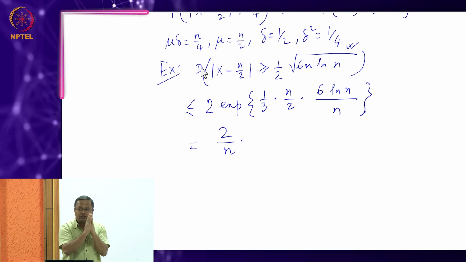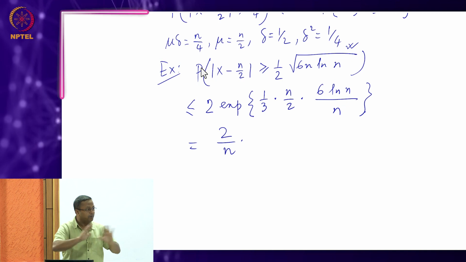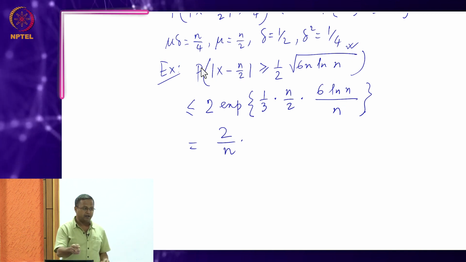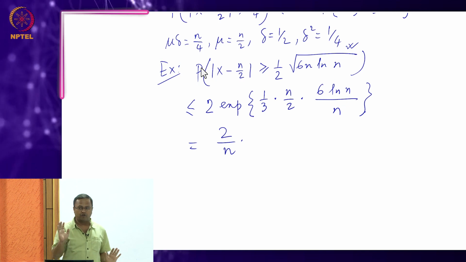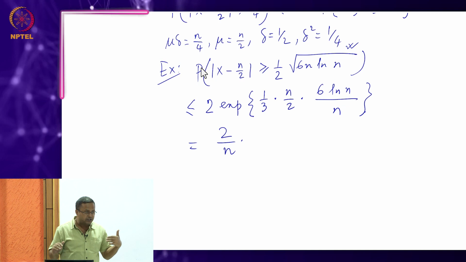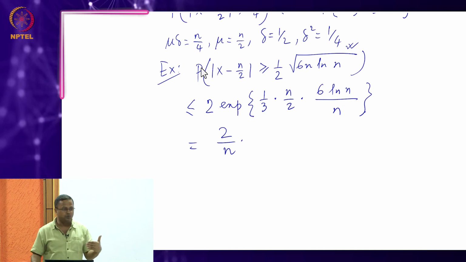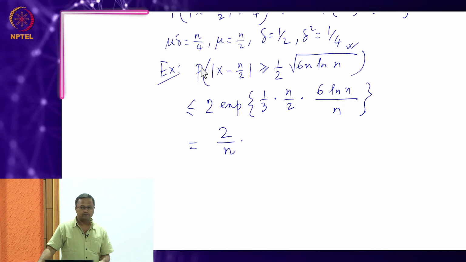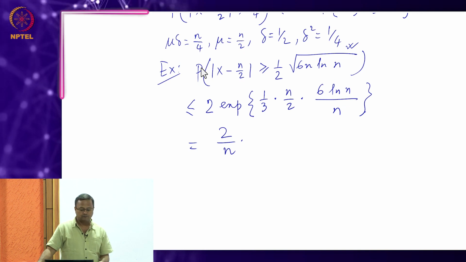Mind you, I am playing with the same random experiment, my setting is just the same, n independent coin tosses of an unbiased coin, same setting, but see what story Chernoff is telling you and what Chebyshev is telling you, right.